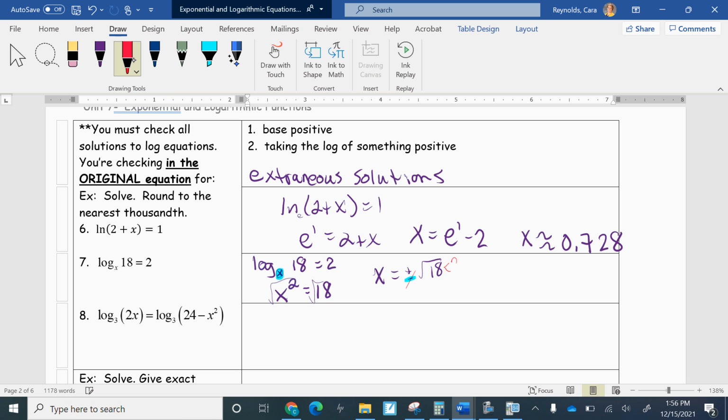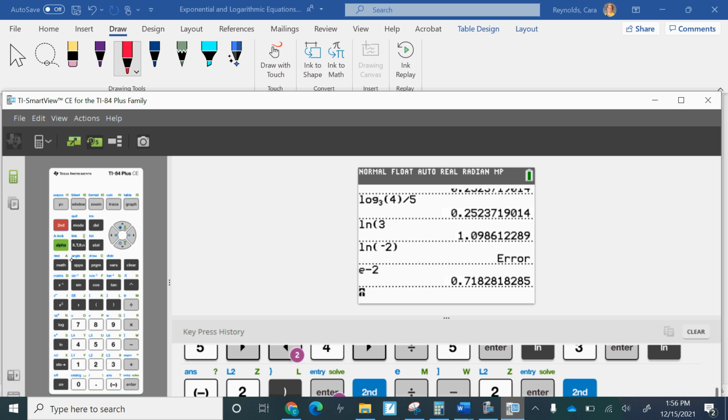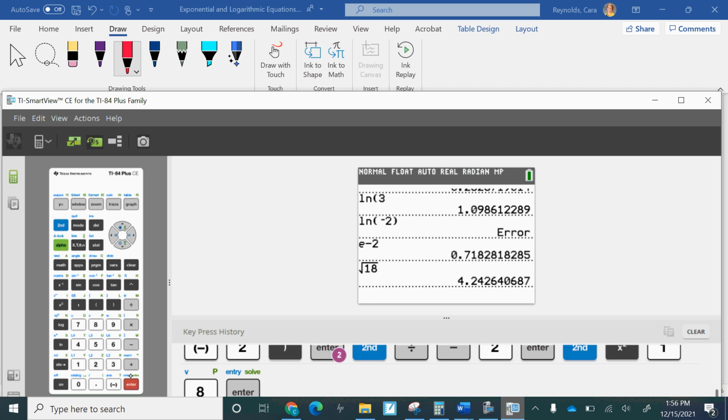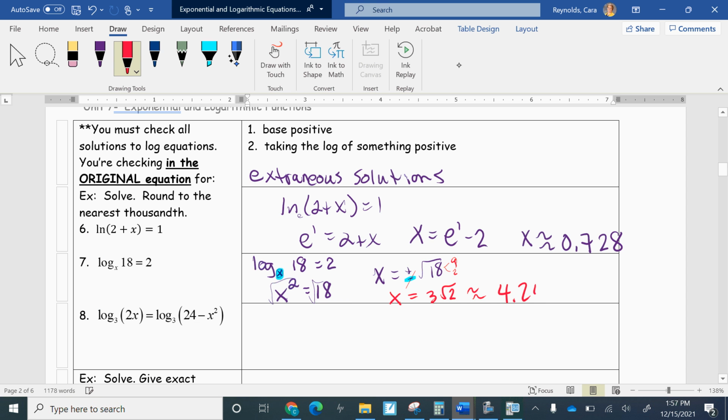When I simplify, that's 9 and 2, then I get x is equal to positive 3 root 2, which is approximately, if you take the square root of 18 in your calculator, 4.243 if you're rounding to the nearest thousandth as stated. So we get rid of that negative case there. And you don't really need to simplify your radical here. We could just go from there to there.